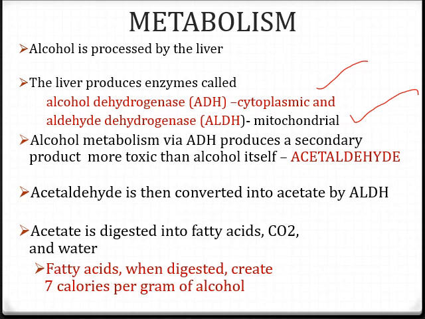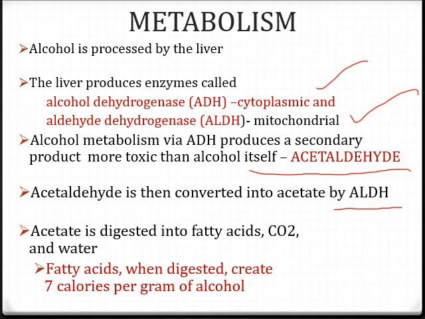Alcohol metabolism via alcohol dehydrogenase produces a secondary product that is more toxic than the alcohol. That is why in the previous slide we explained that either alcohol itself or its toxic byproduct can cause serious effects to the human body. This byproduct is acetaldehyde: alcohol is oxidized by alcohol dehydrogenase to form acetaldehyde. Then acetaldehyde is converted into acetic acid or acetate by aldehyde dehydrogenase.